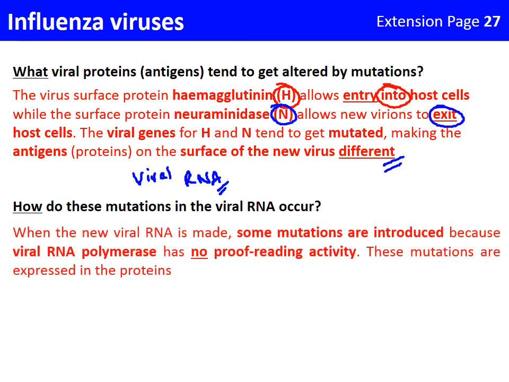So just to reiterate about how the mutations actually occur, we know new viral RNA is made against the template strand of RNA. Some mutations are introduced where the wrong nucleotide is inserted into the new strand. There's no proofreading activity of viral RNA polymerase, so the mutations quite often actually get expressed into a new version of the protein, and we get a different antigenic type of virus that emerges.